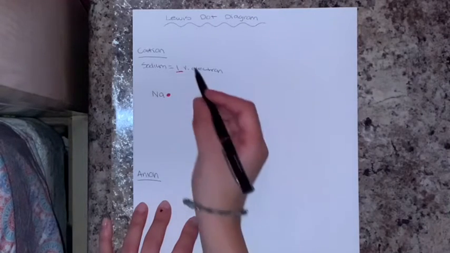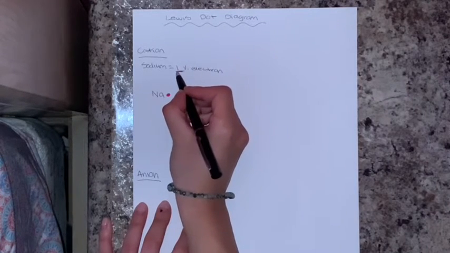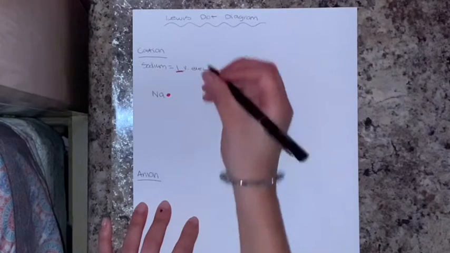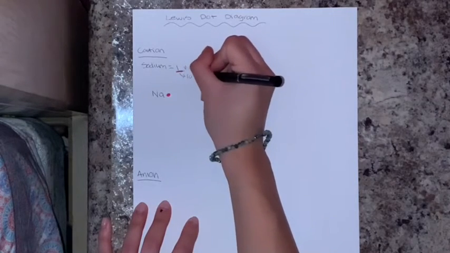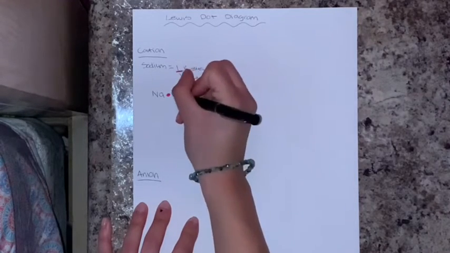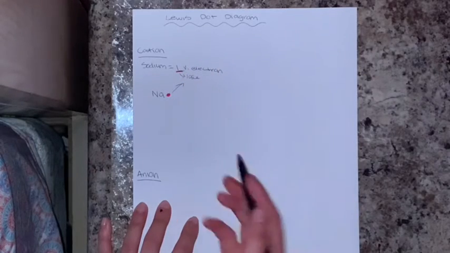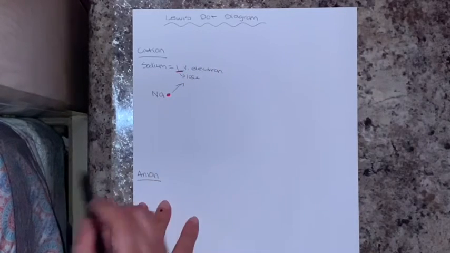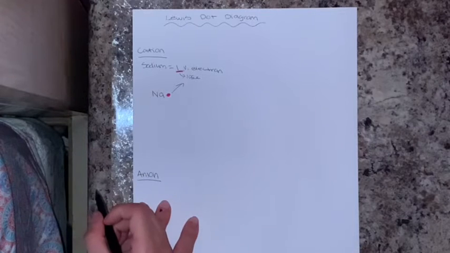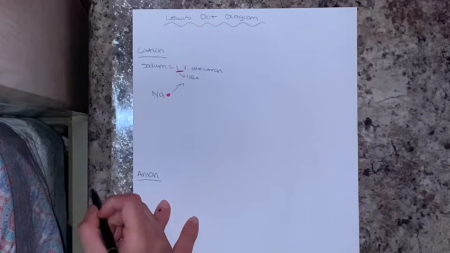And since it only has one valence electron, we're going to lose that valence electron to complete the octet rule, because it would take more energy for it to gain 7 more valence electrons to complete the octet rule, instead of just losing that one valence electron.